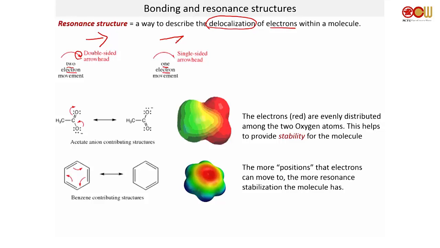Like for example, let's take a look at acetate. You have a negative charge right here, and you're going to move, so this is a full arrow, so you're going to move two electrons at once. Two electrons form a bond. Understand? Two electrons give you one bond, and one bond has two electrons. That you have to know, right?